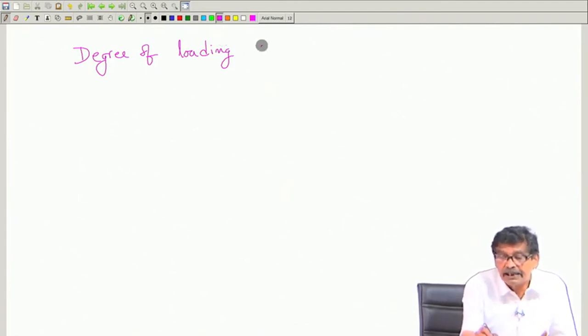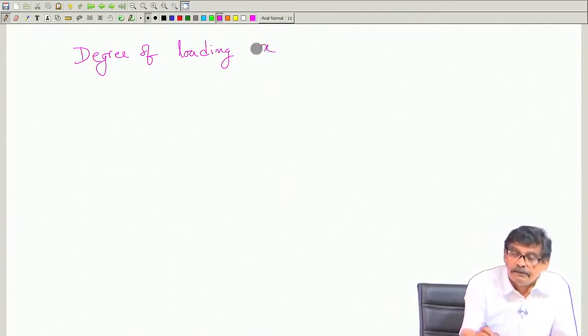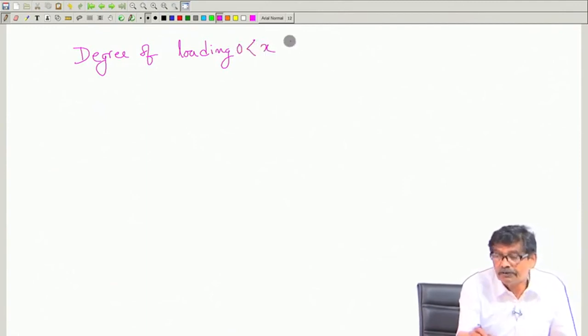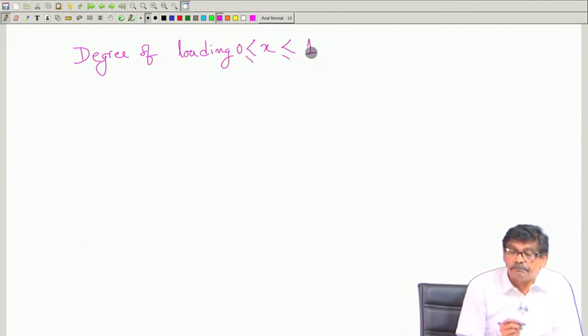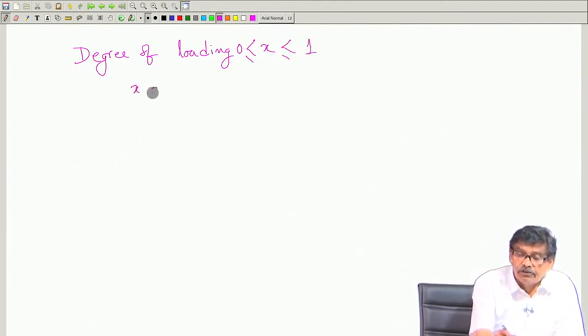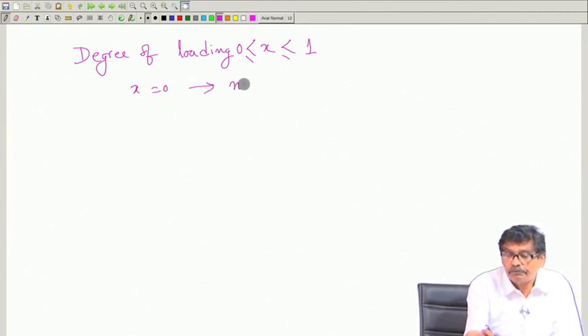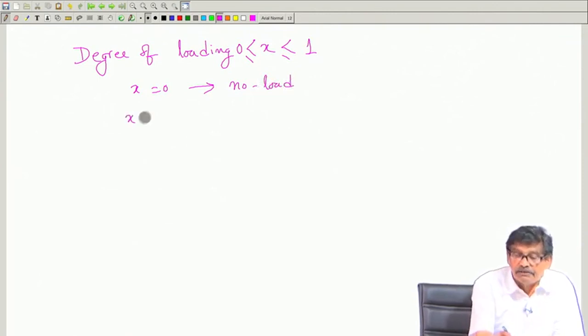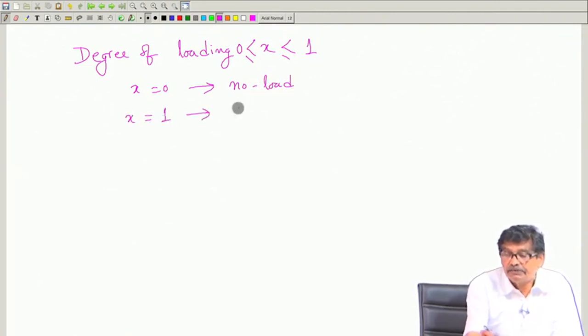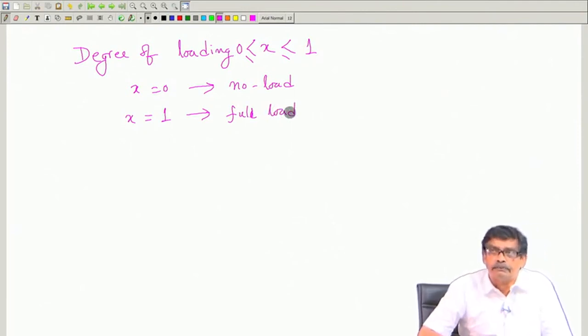I will use a number x from 0 to 1. I will say x equal to 0 means no load, x equal to 1 is full load, and x can have any value; x equal to 0.5 means the transformer is 50% loaded.